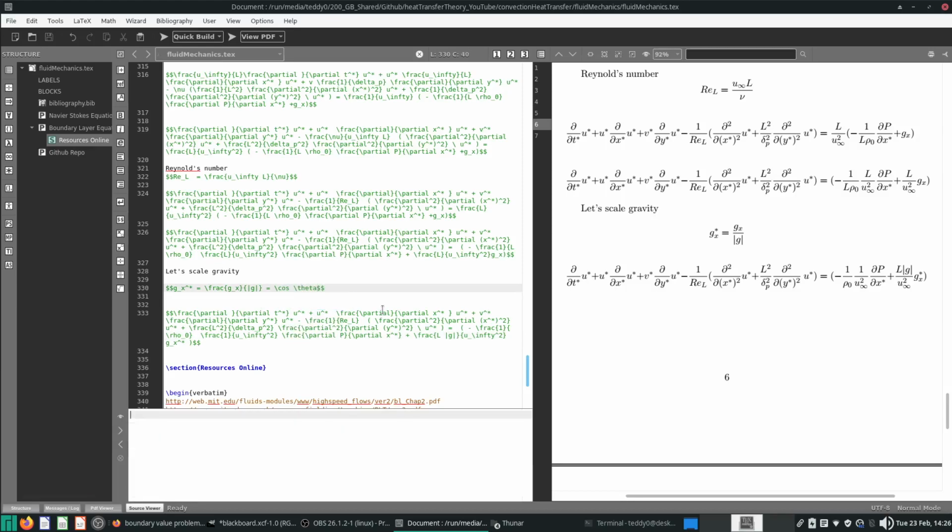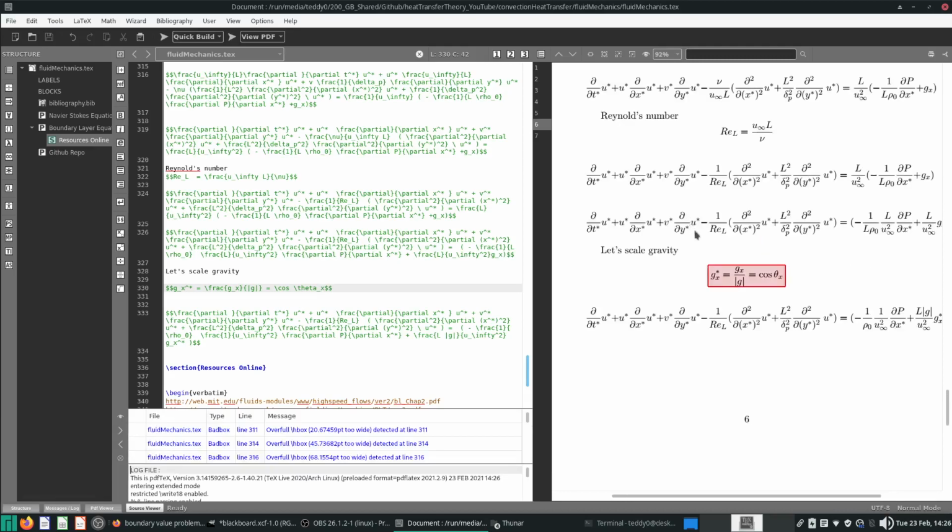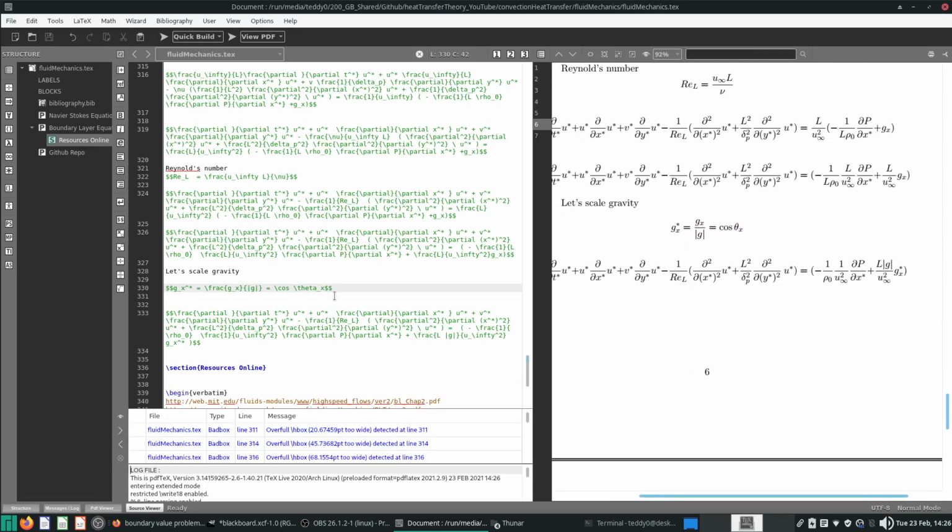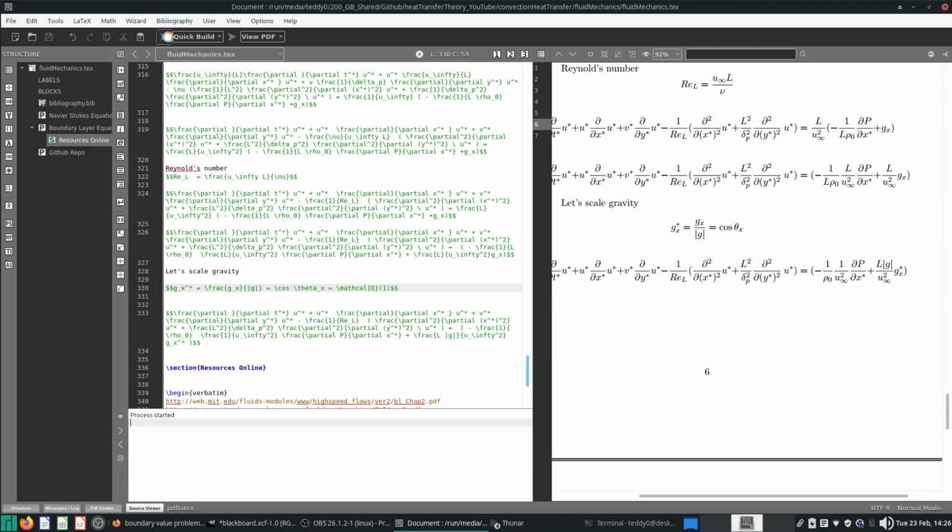We'll just call it theta x. This is the angle between the direction of gravity and the x-axis. This is a basic physics thing. It varies from 1 to 0, so it's on the order of magnitude of 1.